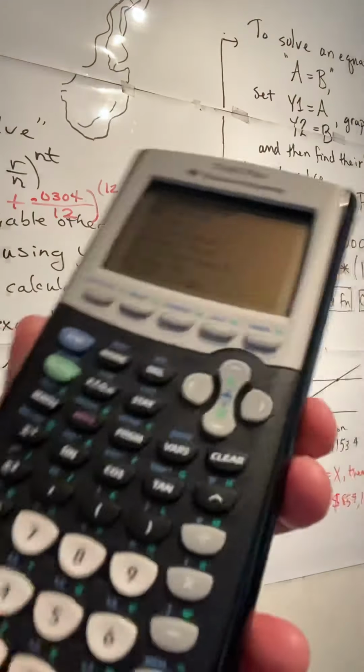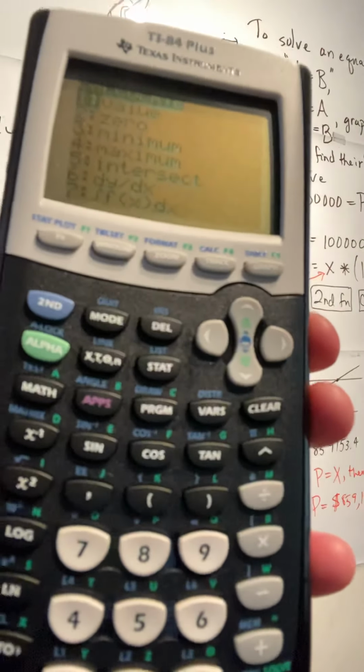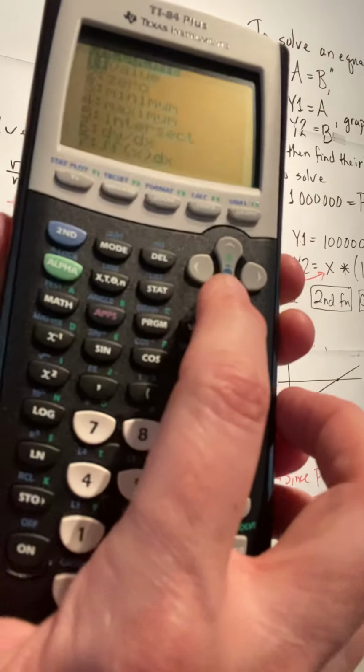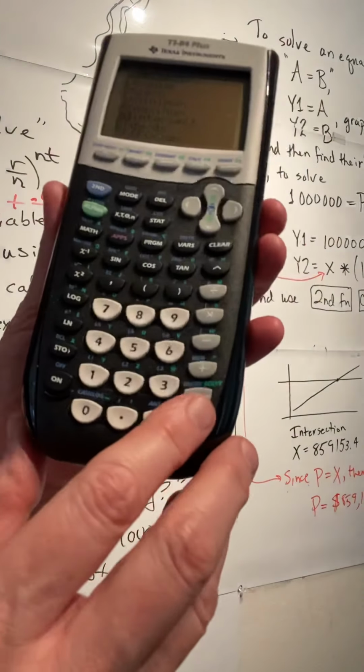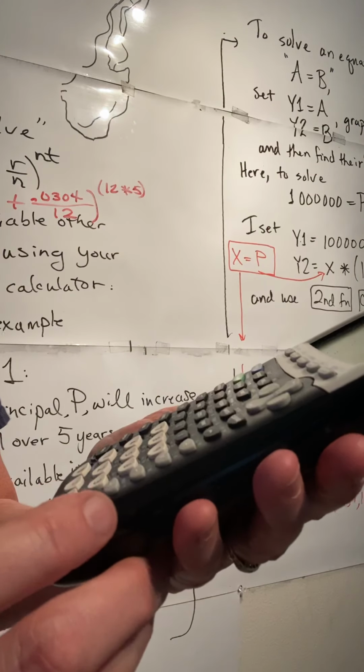Now it gives you a list of possible features. We're going to be using a lot of these this semester. One of them is intersect. It's about the fifth one down, so you can just type in the number 5 or go down there and highlight intersect. Then you press enter and it asks you some questions.